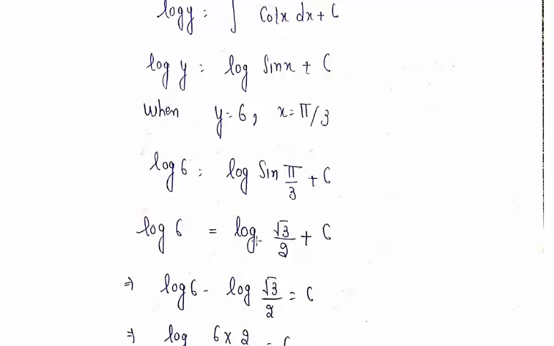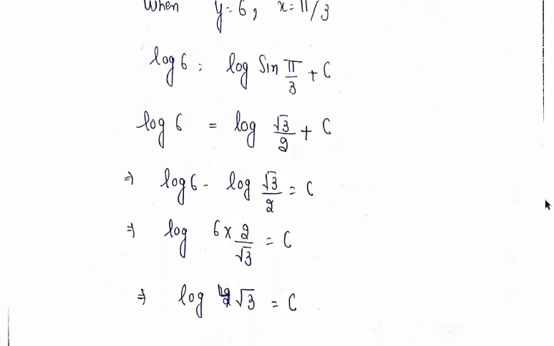So log 6 minus log root 3 by 2 equals c. Then here we apply the formula: log a minus log b equals log a over b. So this is equal to log of 6 into 2 over root 3.